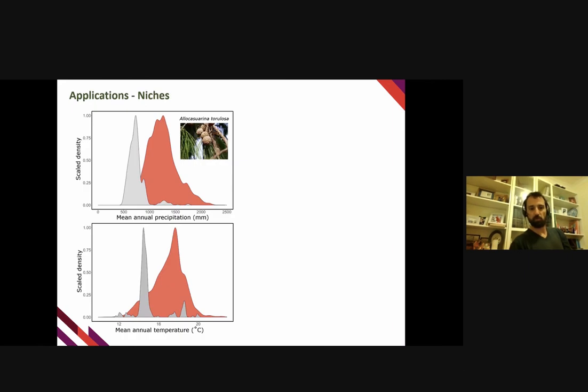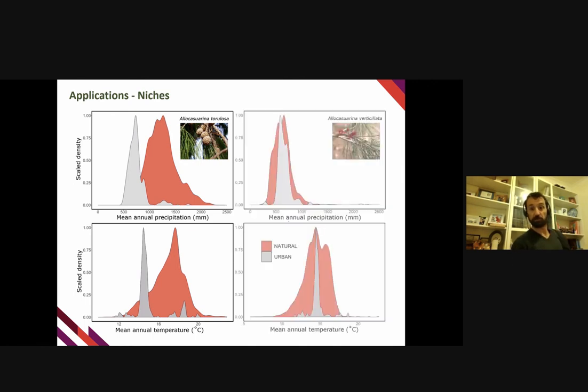So how we've been using this data set. This is just an example of how we apply this type of data. In this case, I'm just presenting a couple of Australian trees, Alocasuarina torulosa and Alocasuarina verticillata. As you can see here, we can actually measure and quantify the different climate niches of the different species.